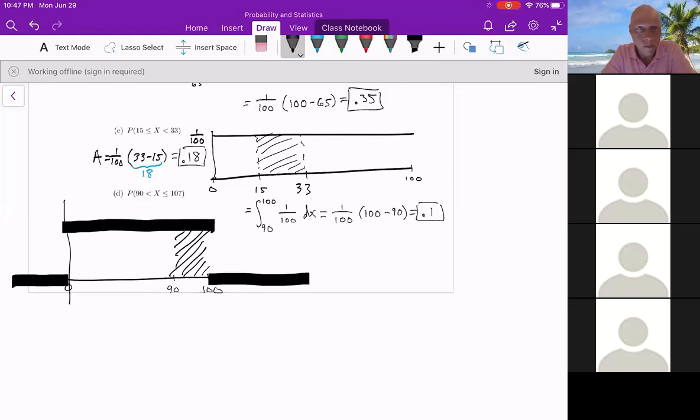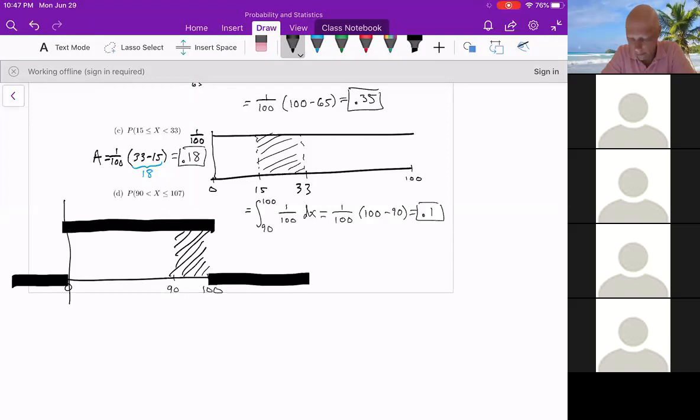Wait, miss what? Sorry, what did you say people miss? Miss the fact that this is asking for the area between 90 and 107, but the area between 100 and 107 is 0. So you don't have to actually consider that region. Between, wait, what's 0?